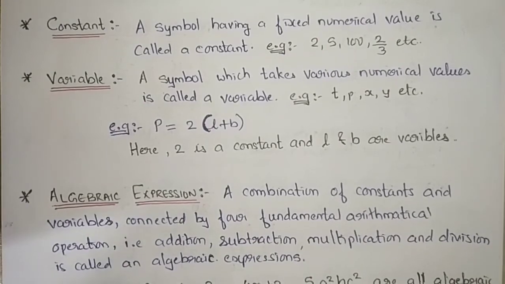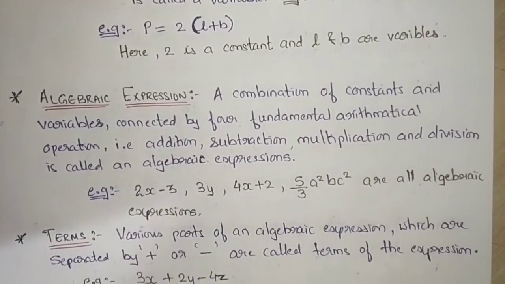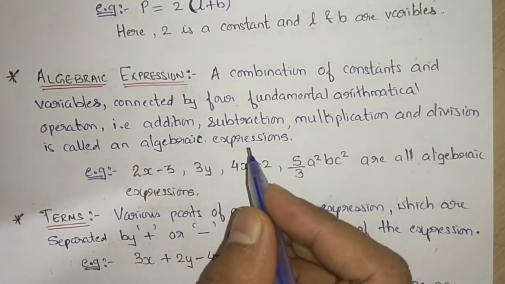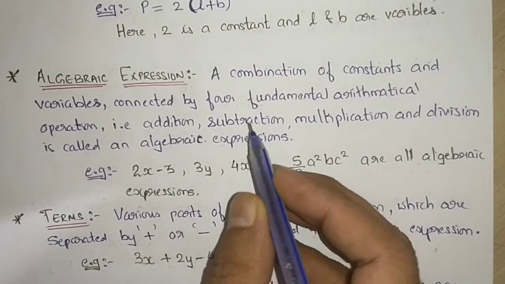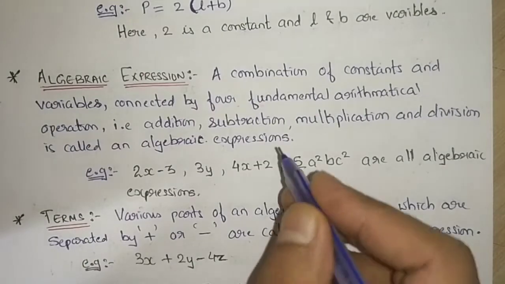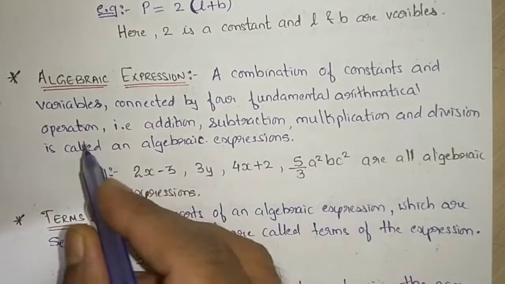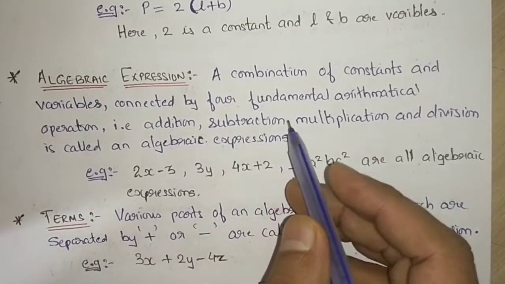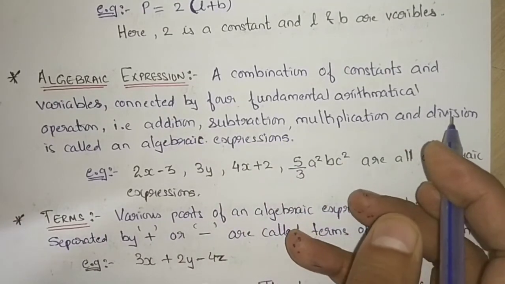Now coming to the main part. What is an algebraic expression? Students, if you combine constants and variables with the 4 fundamental arithmetic operations. Now what are these fundamental arithmetic operations? It is nothing but addition, subtraction, multiplication and division.